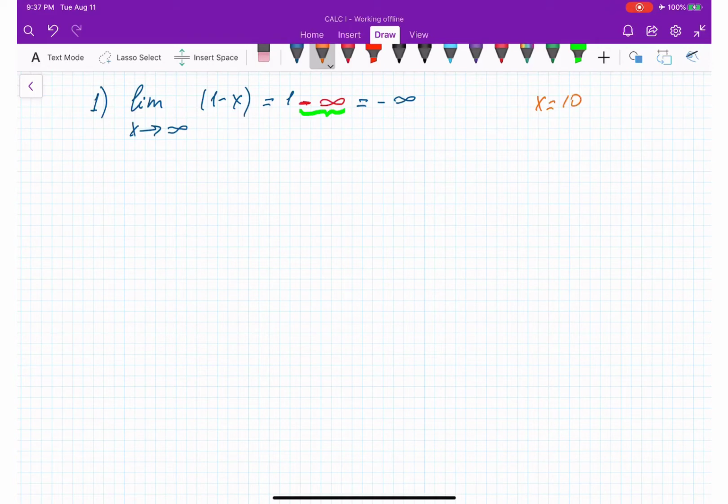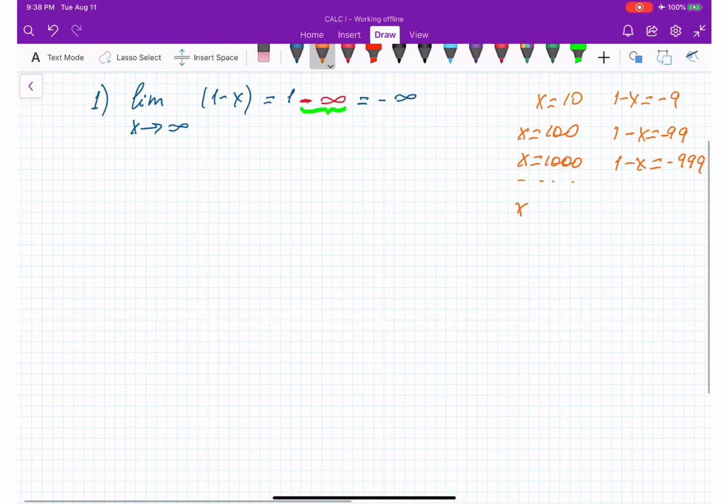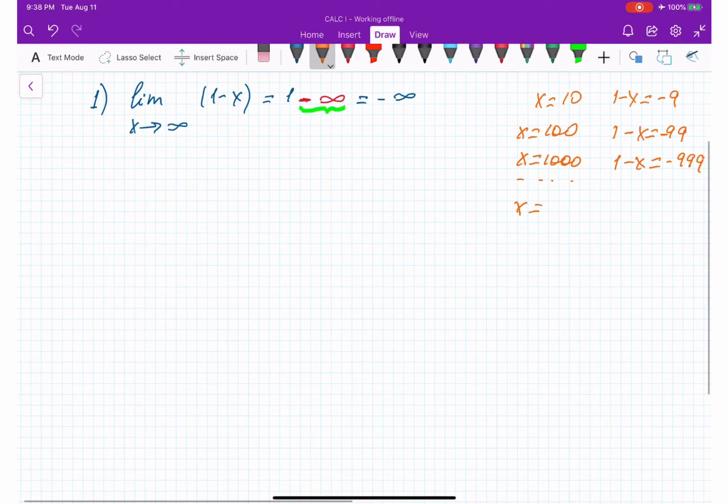Then 1 minus x is going to equal negative 9, right? Next, x is equal to 100. So 1 minus x is going to be negative 99. x is equal to 1000. 1 minus x is going to equal negative 999. So x dot dot dot, let's say x is equal to 1 million.